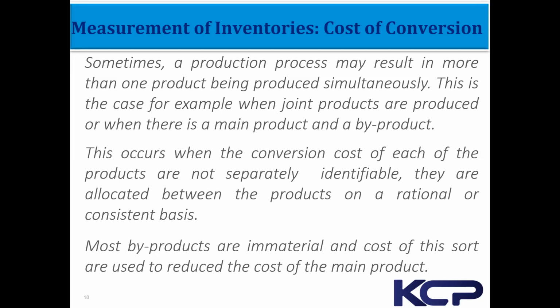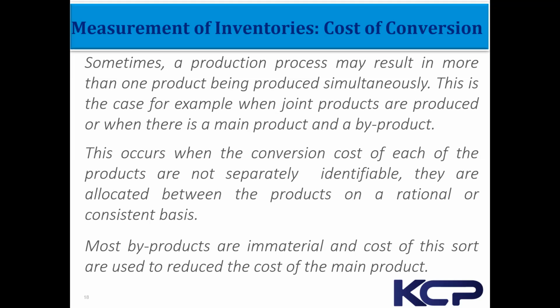So this occurs when conversion costs of each of the products are not separately identifiable. I've just explained that. They are allocated between the products on a rational or consistent basis. Do you understand? What you could then use as your rationale could be maybe the value of the sales.